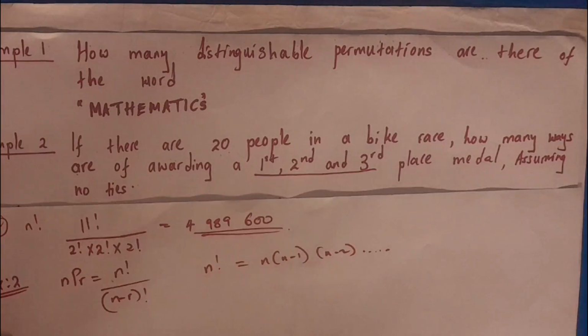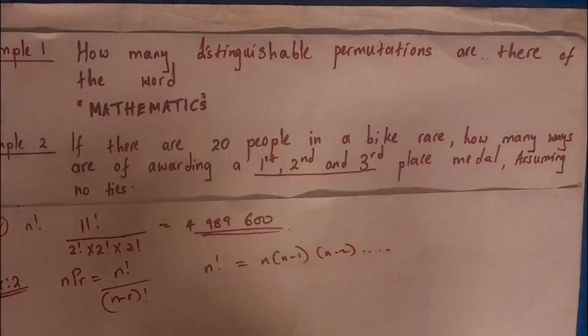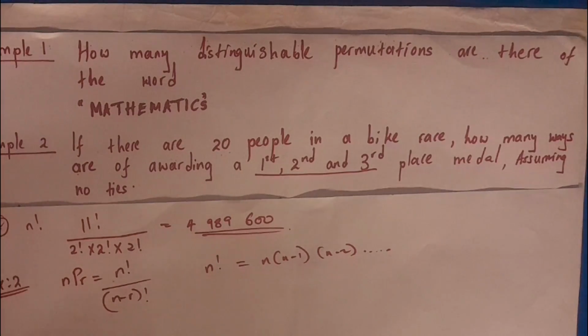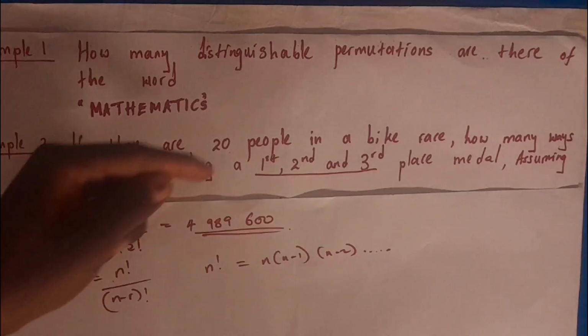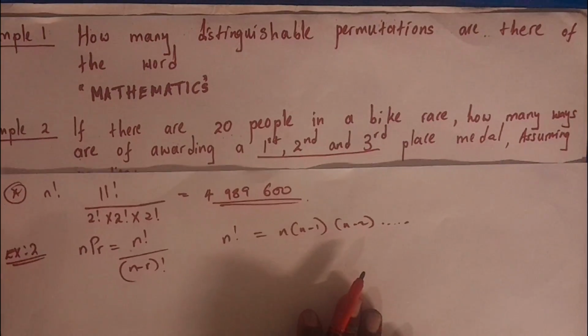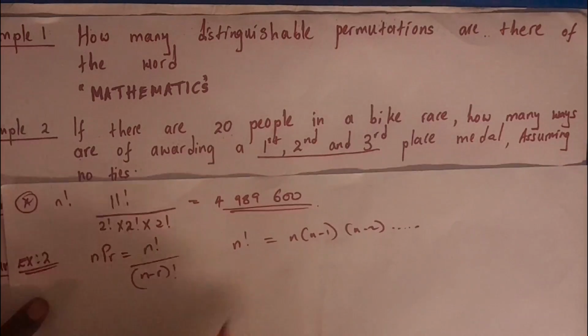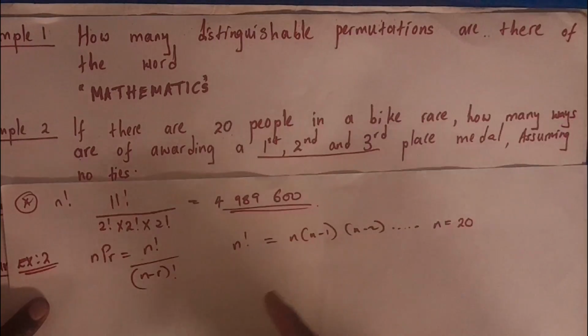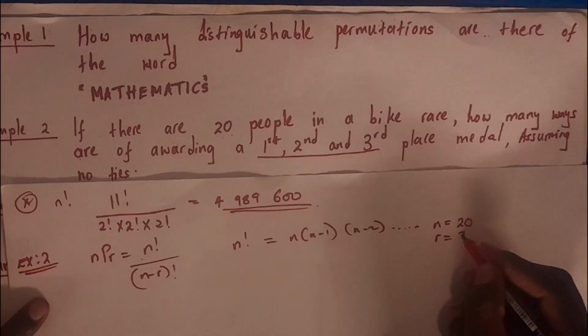So now what it means is that we need to only choose 3 people from 20. So here we're going to use the formula for choosing, because we are choosing 3 people from 20 people. Therefore our n is going to be equal to 20, and our r, we need to choose only 3.